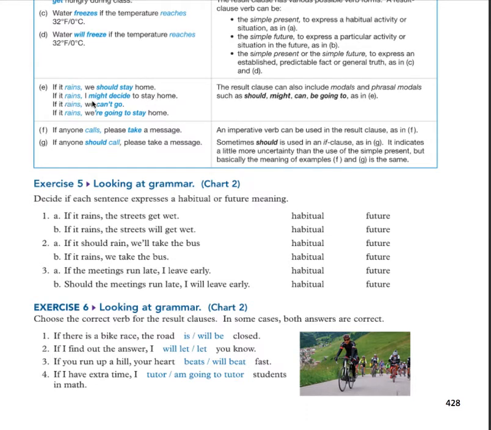If it rains, I might decide to stay home. If it rains, we can't go. If it rains, we're going to stay home. The result clause can also include modals and phrasal modals such as should, might, can, and be going to, as in letter E. Okay? And these just add a little bit more emphasis.